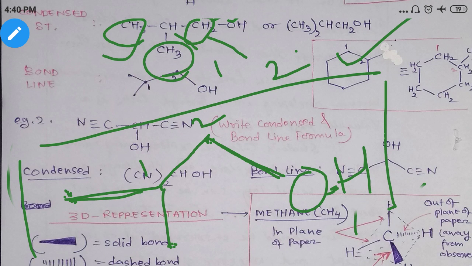Always, for converting into bond line formula, first change the condensed formula to the structural formula.